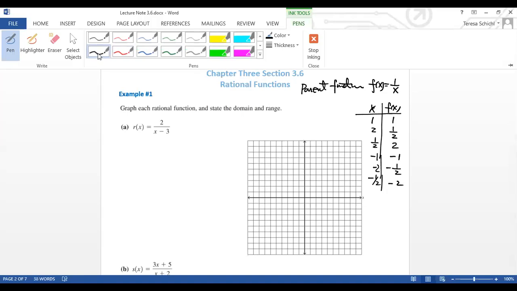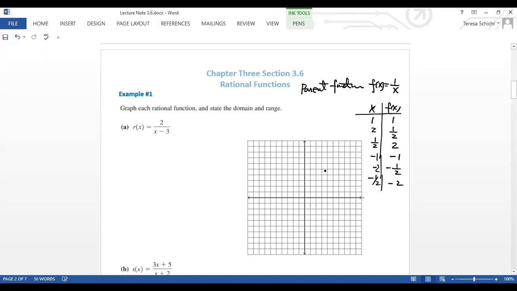Like always, let's plot our parent function. In order to make it easier to read, I use 2 units as 1s here, so this is 1, 2, 3, 4. This maybe makes the graph a little better to read.